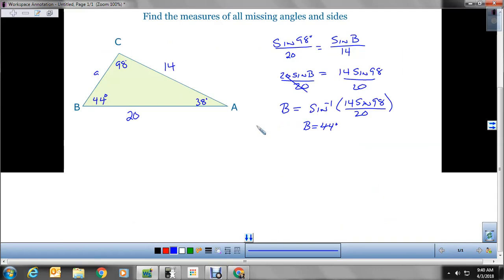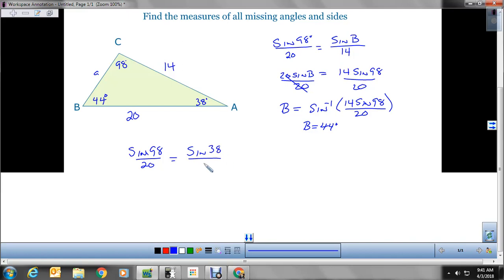So now we're going to set up another proportion, and we're going to go back to the given information. The one that we first got was the 98 and 20. So we're going to do the sine of 98 over 20. The reason why we don't want to use 44 is because 44 was a rounded answer. We always want to go with exact figures, and this is an exact answer. Even though 38 is also a rounded answer, because we rounded this one, we can't avoid using it.